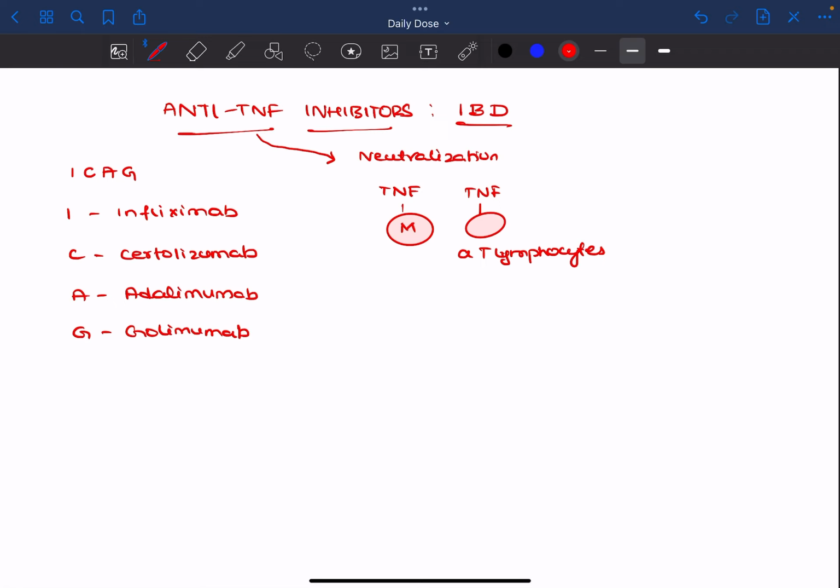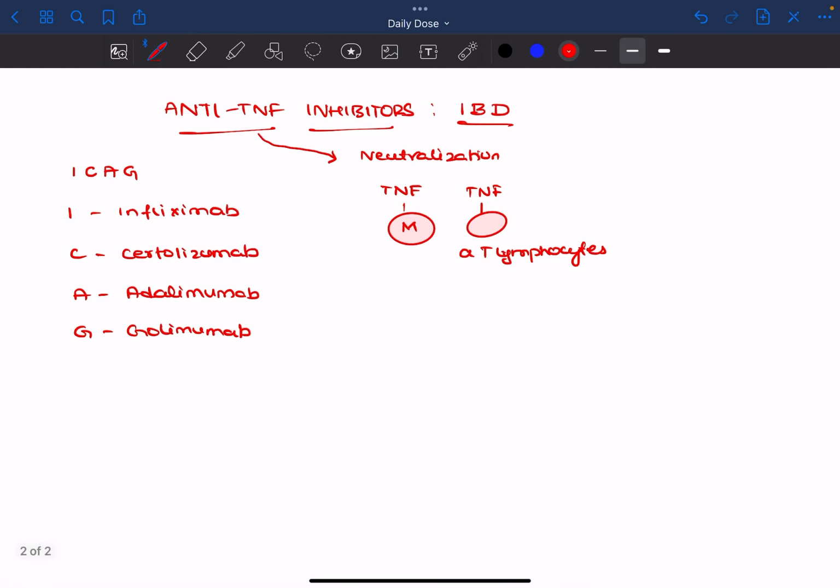So thereby it prevents the effect of the TNF on the effector cells.